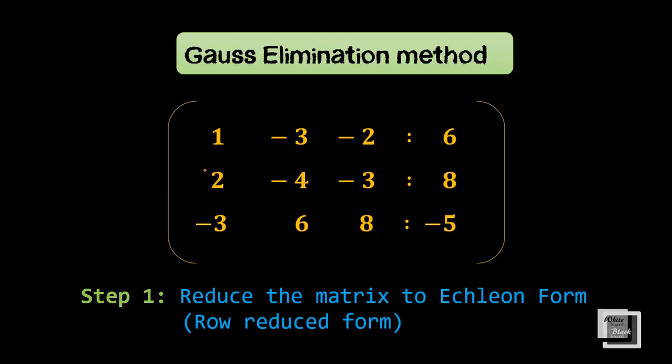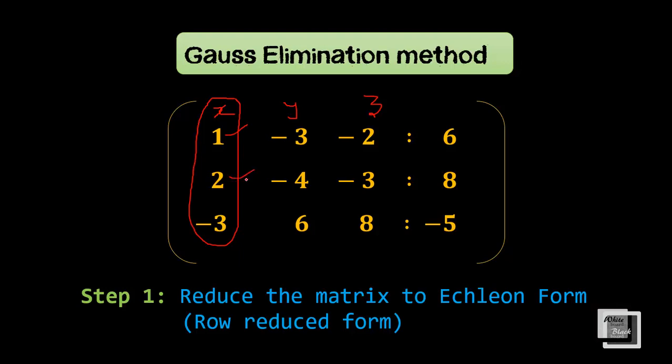To reduce it in the echelon form or row reduced form, we will find the first unknown in the system with non-zero coefficients, be it x or y or z. Now in this case, the unknown x has the non-zero coefficient.